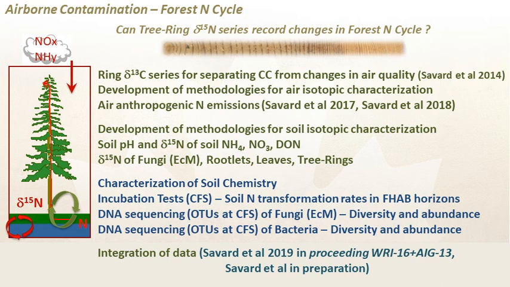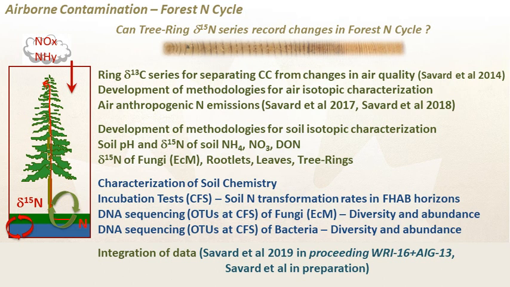And in collaboration with our friends from the Canadian Forest Service, we did a lot of work on soil N transformation, evaluating the rate of transformation of the N species in the soils, and characterizing the DNA sequencing for understanding if the microbial community could actually have been modified by the incoming nitrogen from anthropogenic activities.